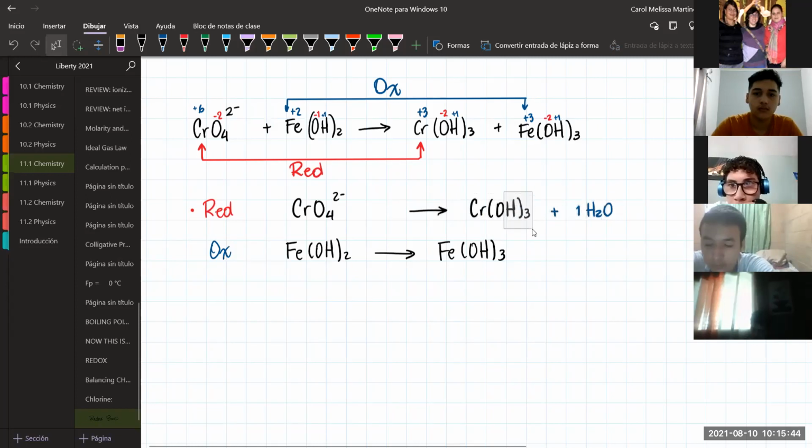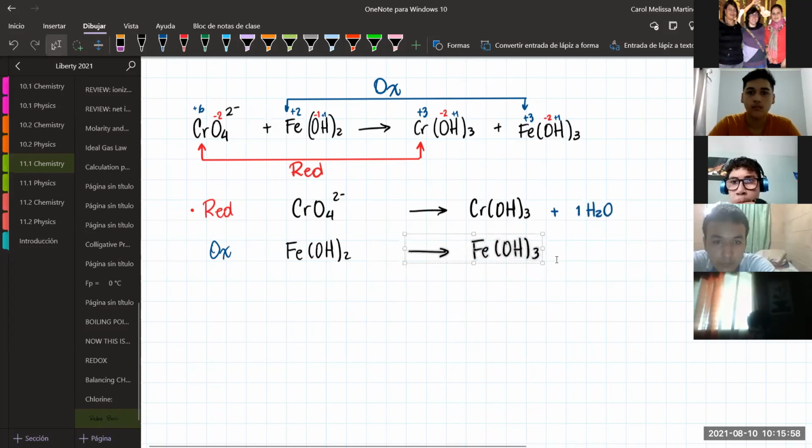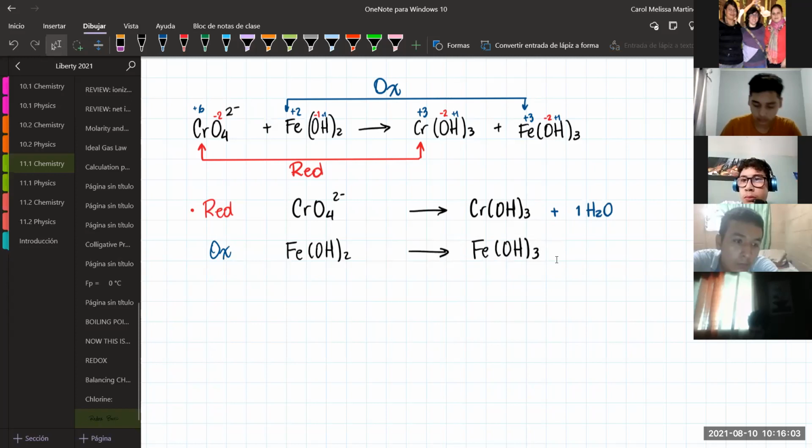Here I have 3 hydrogens. Here I have 2 hydrogens. How many hydrogen plus ions will I need to add in the reactants? 5 hydrogen plus ions. So I'm going to write plus 5H plus.